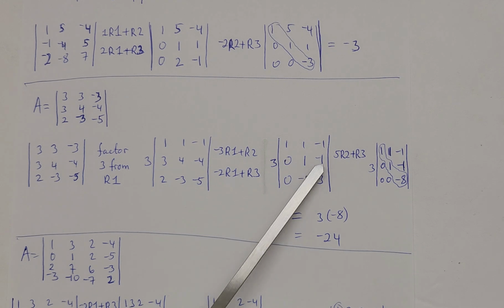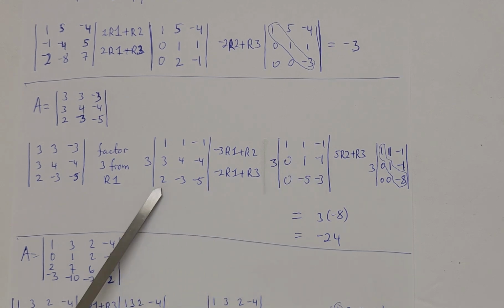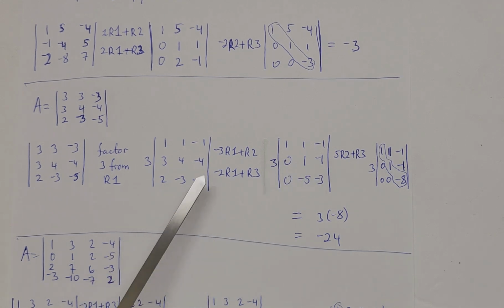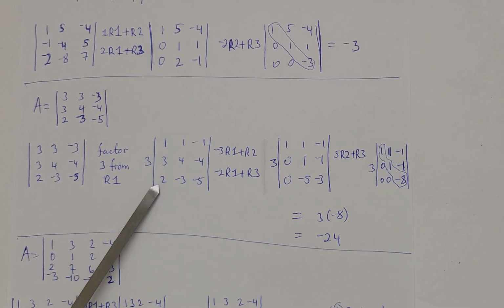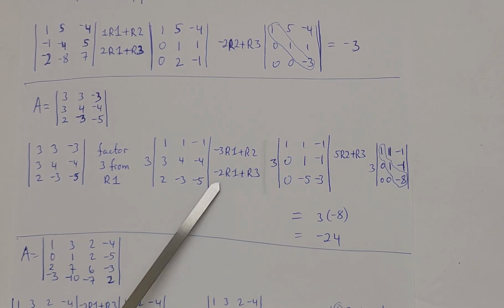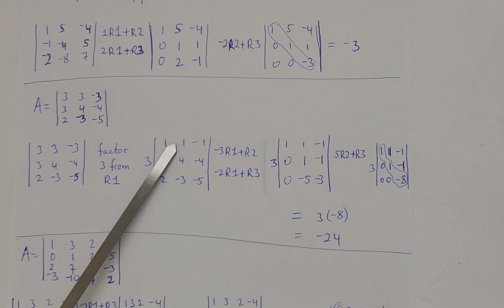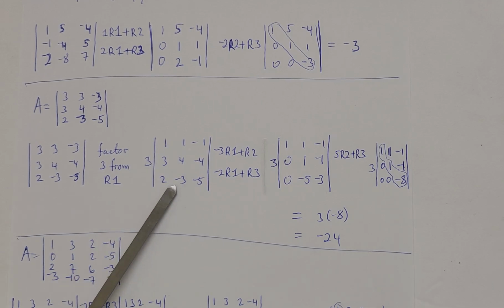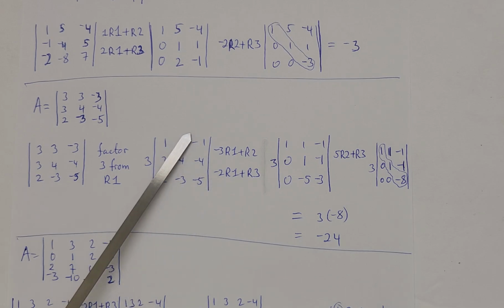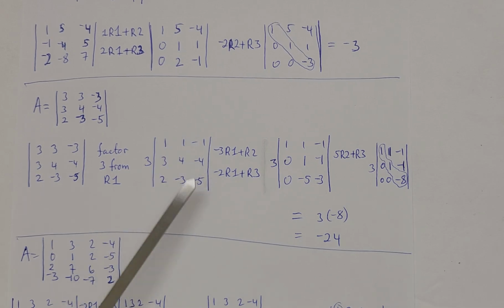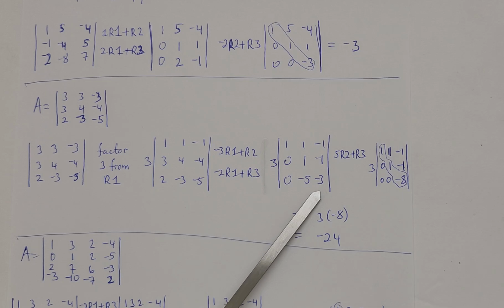Subtract 4 gives me this -1. Do the same thing with row 3. -2 times 1 is -2, plus 2 gives me 0. -2 times 1 is -2, plus -3, -5. Negative 2 times negative 1 gives me positive 2. Subtract 5 gives me negative 3.